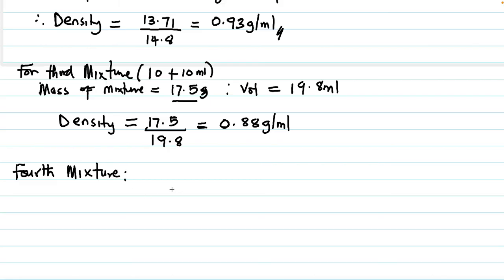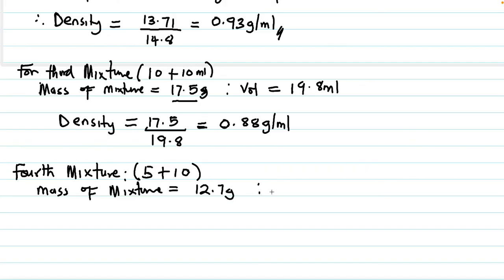Now you come back to the fourth mixture. What's the value for the fourth mixture? We have 5 plus 10. Mass of mixture gave us 12.7 grams. Volume of mixture gave us 14.8.